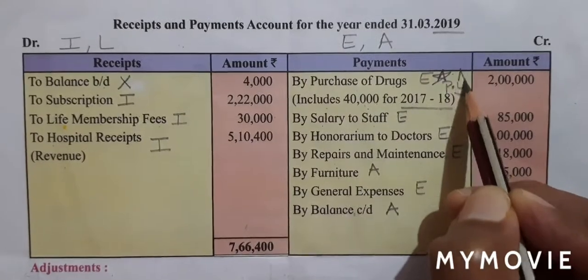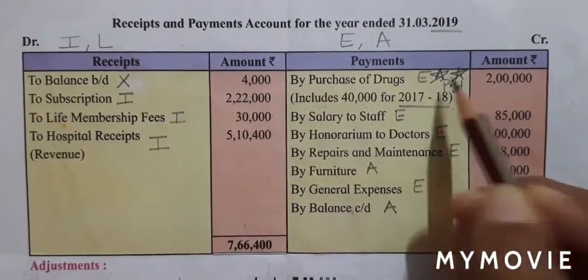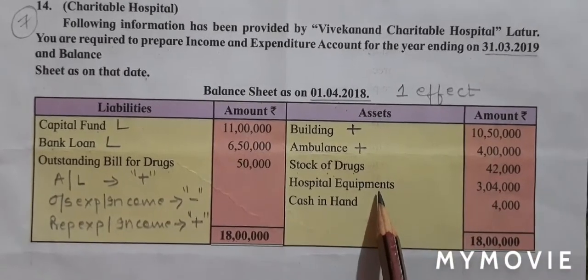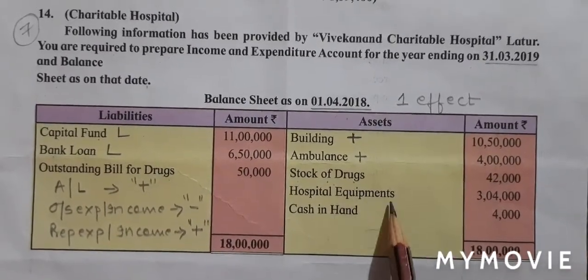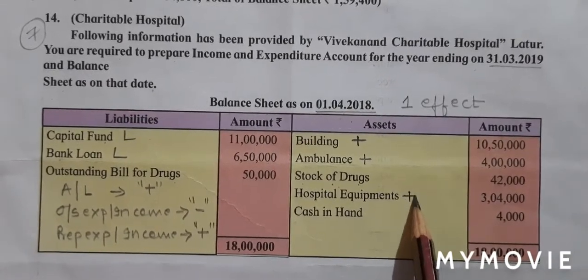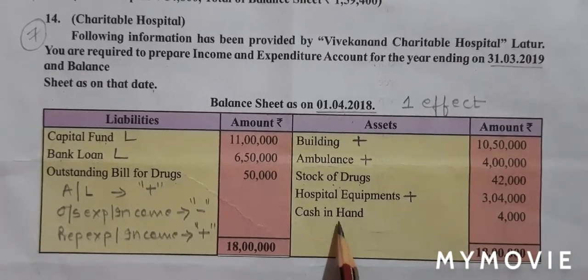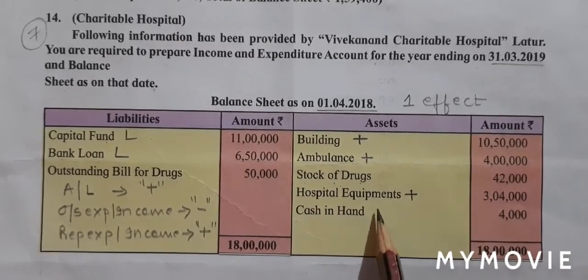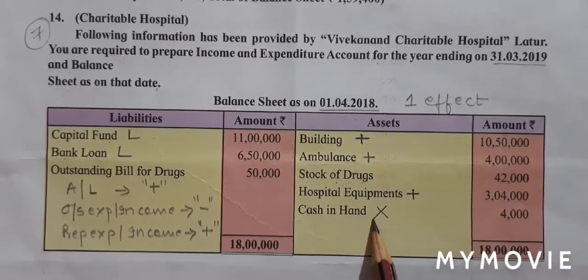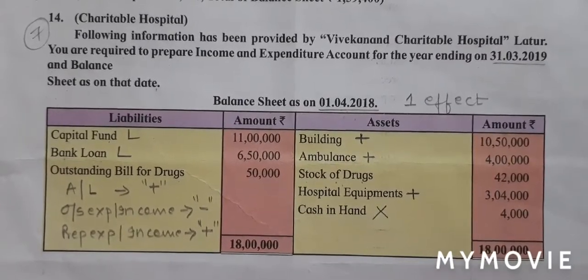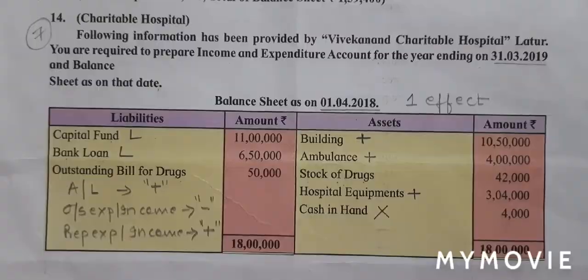So I will mark a star again for drugs. Next is hospital equipment. Again on my payment side, I do not have a hospital equipment, so I'll put a plus sign. Next is cash in hand. This is my opening balance of cash in hand. Opening balances we do not consider. With this, students, we have completed reading our balance sheet.